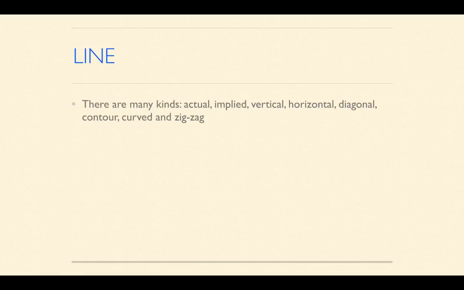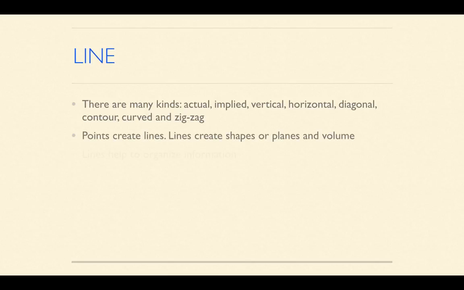So first thing is, and actually, if you really want to be technical, probably the first thing is a point, but I'm not going to go back that far. But a line and a path are made up of points, just so you know. There are many kinds: actual, implied, vertical, horizontal, diagonal, contour, curved, zigzag, to name a few.